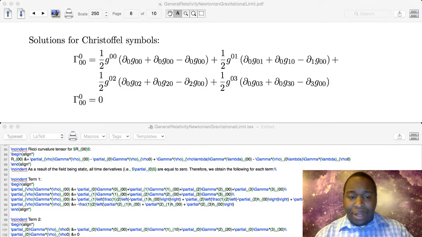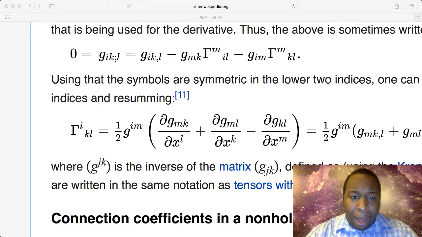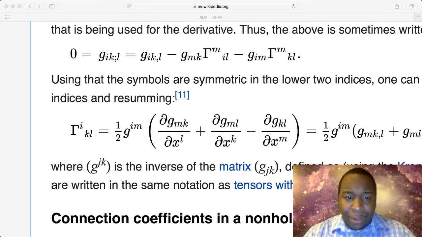And so what you basically have to do is find all the combinations. We're looking at this equation and noting that the left-hand side is gamma, our Christoffel symbol, with the indices i, k, and l. You have to find all combinations of i, k, and l for these Christoffel symbols.